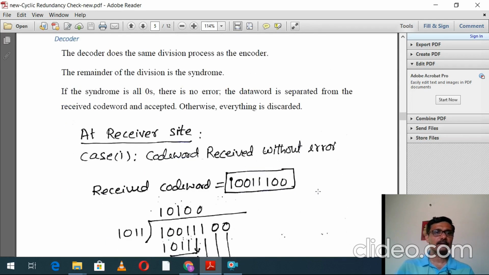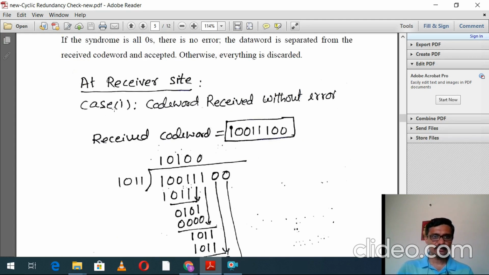The decoder at the receiver side does the same division process as the encoder. And here the remainder of the division is called the syndrome. We use a term called syndrome here. Now, as I mentioned earlier, at the receiver side there are 2 cases. The first case is the code word received without error.